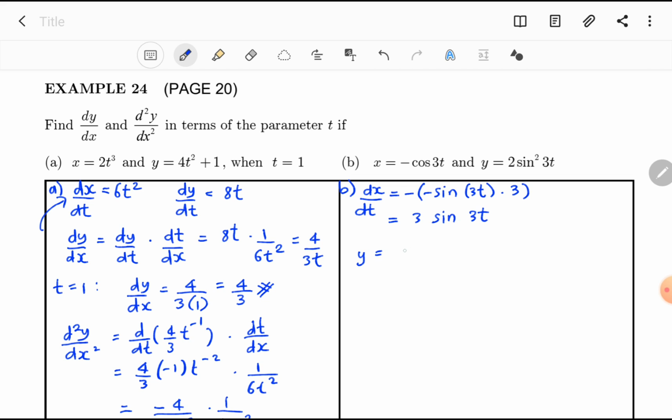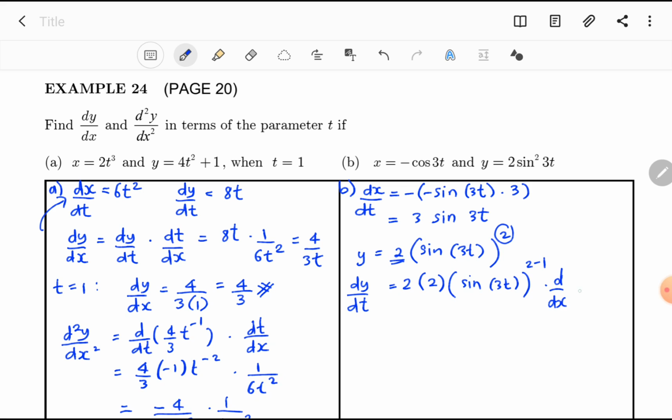For y, we can rewrite y as 2 times sine 3t, squared. We have power here, meaning that we need to use power rule. So dy/dt equals, we write 2 the coefficient, we bring the power 2 down. Next, we copy the trigo function and reduce the power by 1.